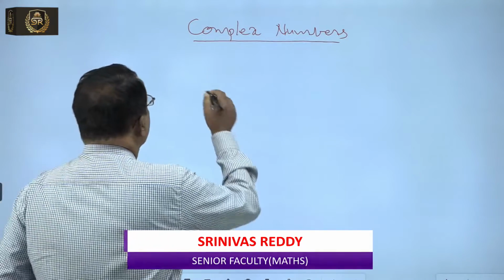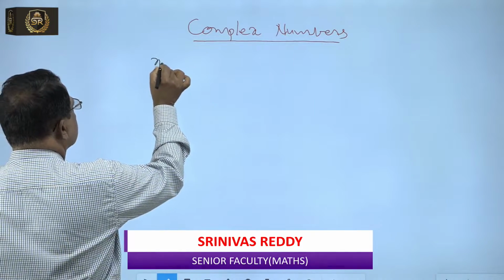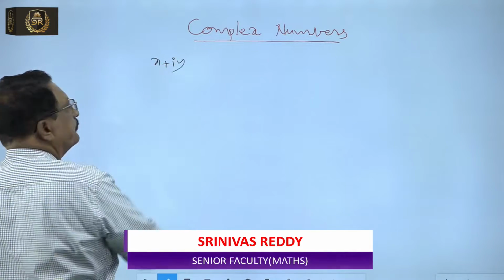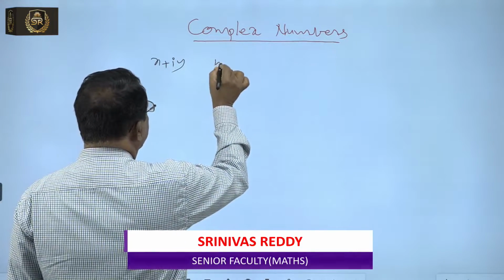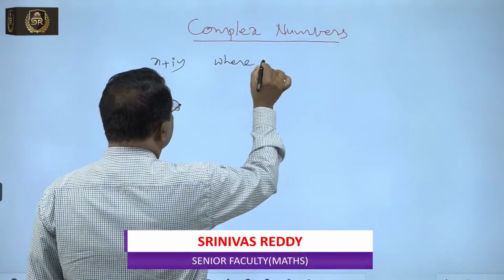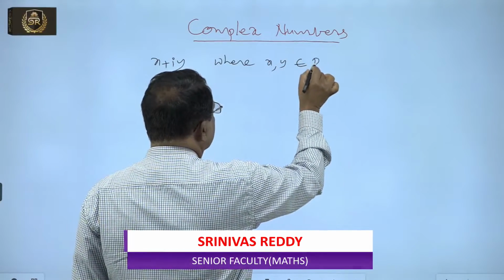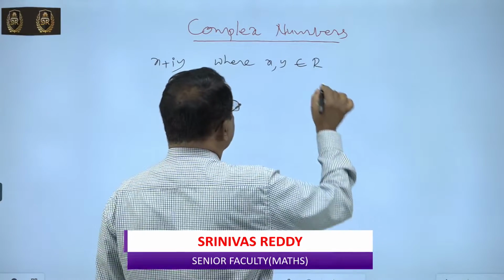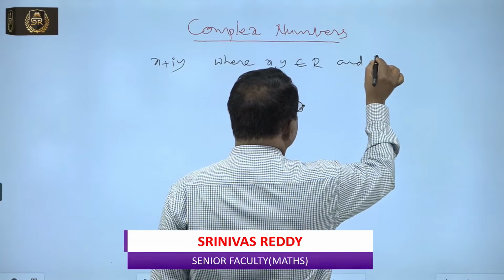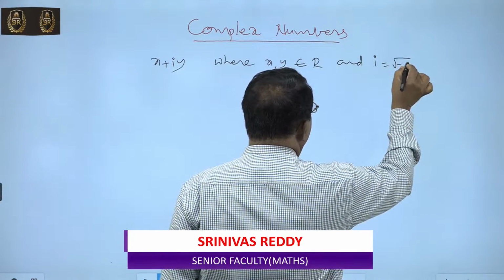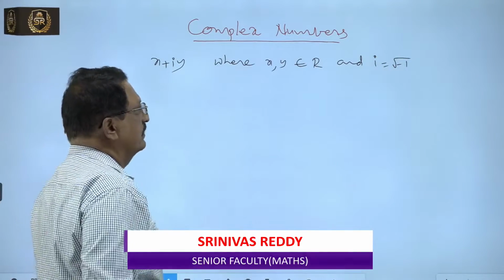Now, suppose a number in the form of x plus iy, where x, y are real numbers, and i equals root of minus 1, is called a complex number.